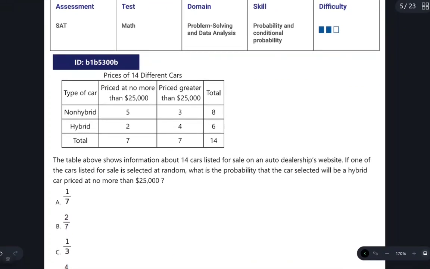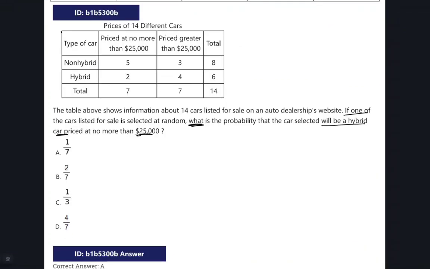Okay, so this is a probability question, and the difficulty is in the consideration. We are given a type of car, and he selected among all these either hybrid or non-hybrid, within these two categories. So you're going to find the probability that the selected car is a hybrid and costs no more than 25,000.